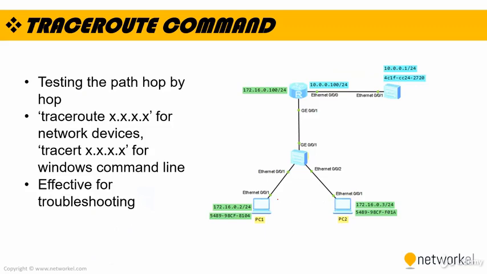And we also have the traceroute command to verify connectivity. Traceroute is used to test the path hop by hop. For example, if I want to test the path from PC1 to this destination, I can use the tracert command from PC1.